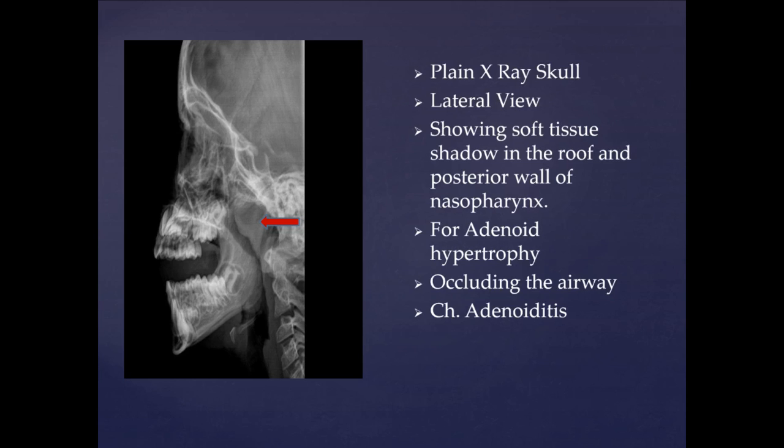So this is again like this. You have to read the plain X-ray skull lateral view, showing the soft tissue shadow in the roof and the posterior wall of the nasopharynx. So provisional diagnosis is adenoid hypertrophy.